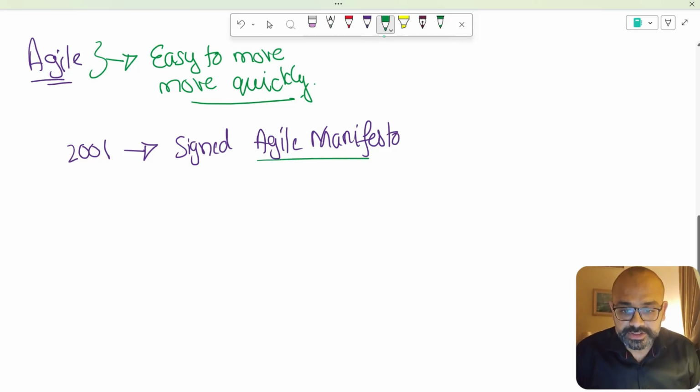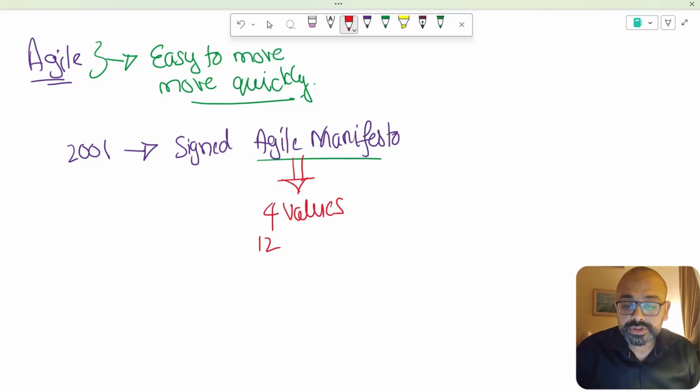This Agile Manifesto states that if you are working in an agile environment, or if you want to adapt an agile environment, you must uphold 4 values and 12 principles. There is another video that I have made about the 4 values and 12 principles, which is not part of this particular video. So in simple words, if you are running an agile environment, you must uphold these 4 values and 12 principles.